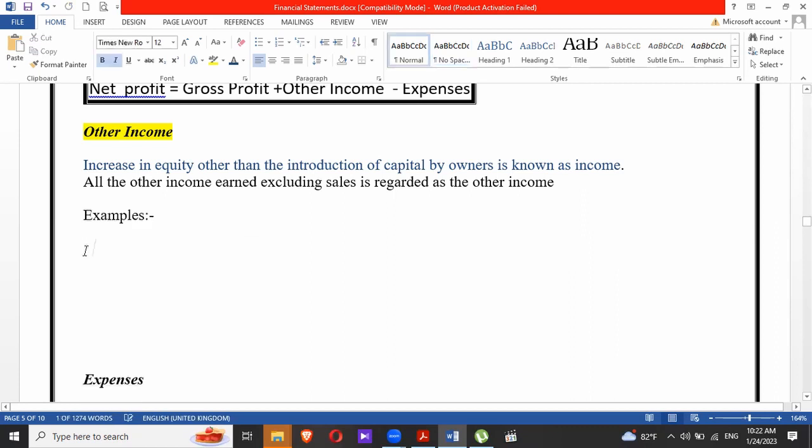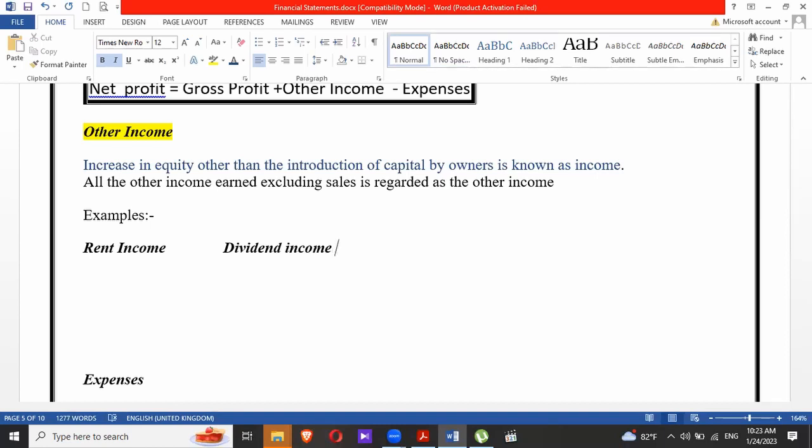First one, we can write rent income. Second, we can write dividend income. Rent income, you know, right?